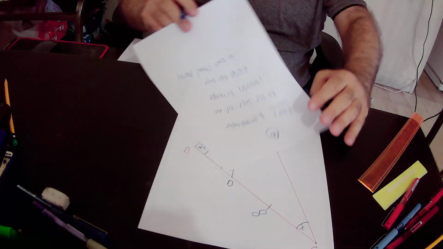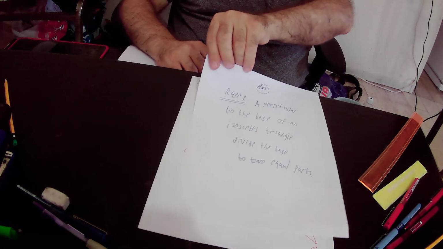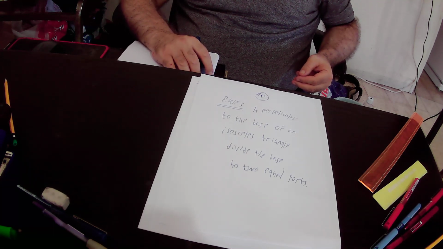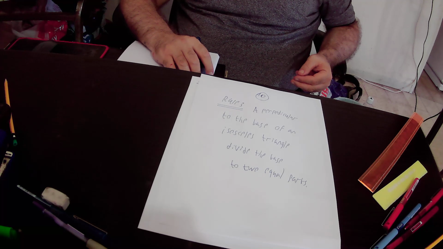So I will read rule number 3 again. According to rule number 3, a perpendicular to the base of an isosceles triangle divides the base into two equal parts.